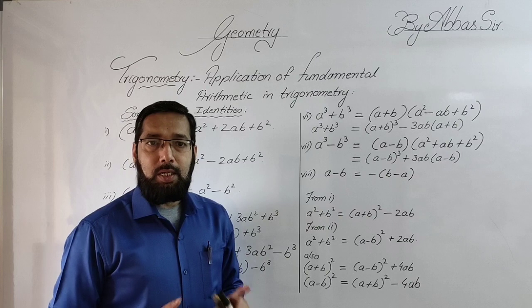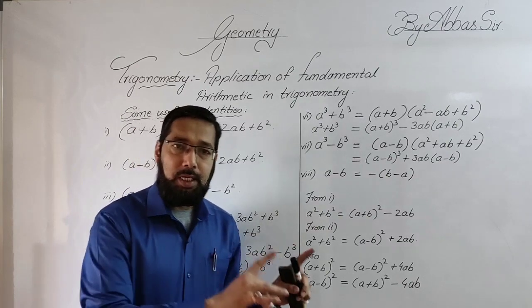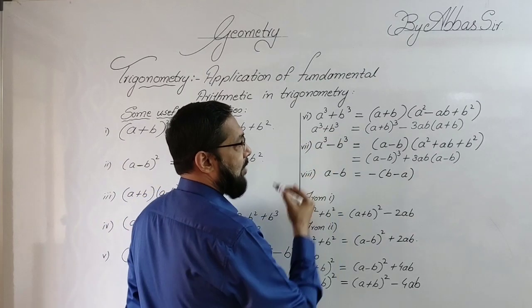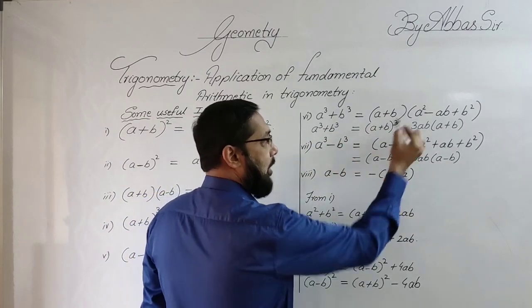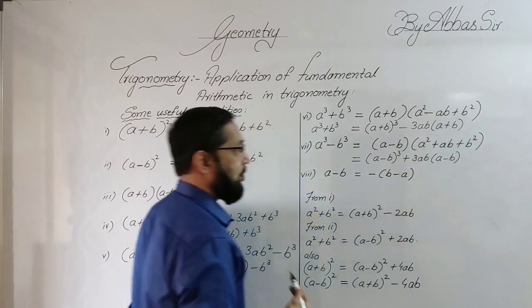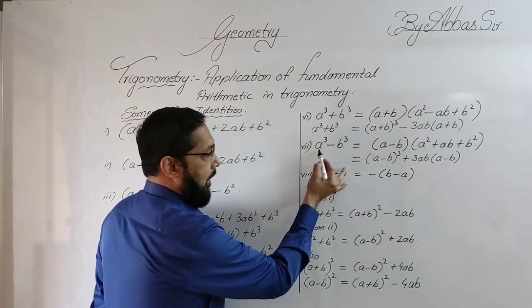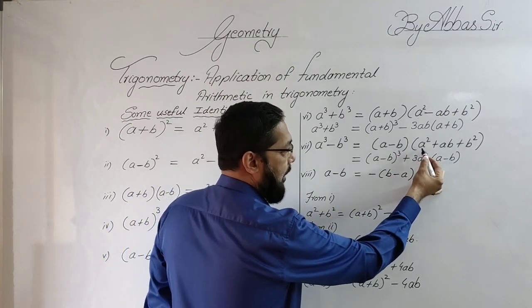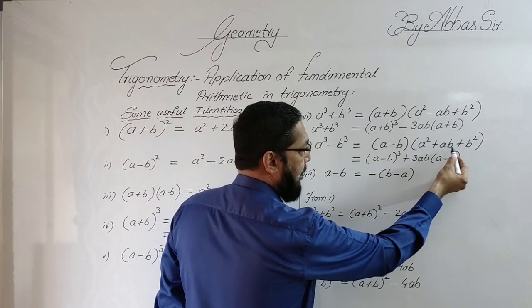One formula that all of us know, we have been learning from our lower standards, that is a cube plus b cube can be written as a plus b into bracket a square minus ab plus b square. Whereas a cube minus b cube is equal to a minus b into bracket a square plus ab plus b square.